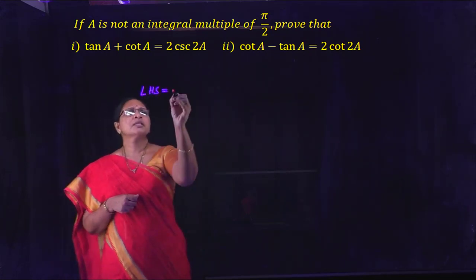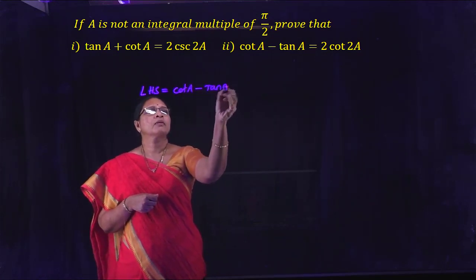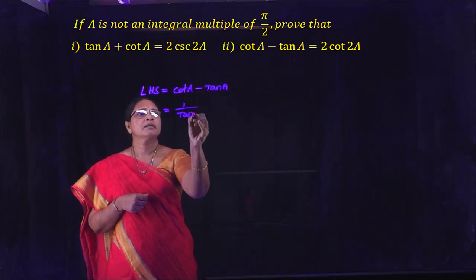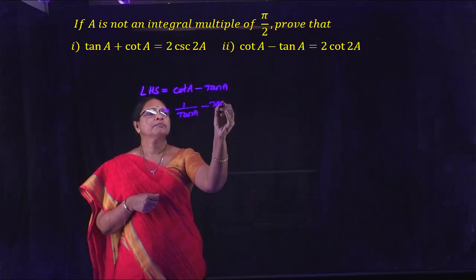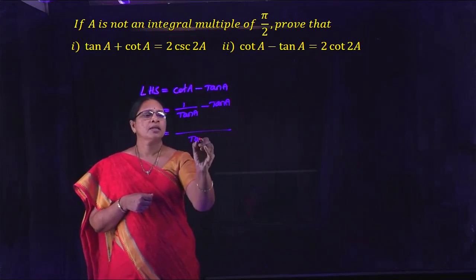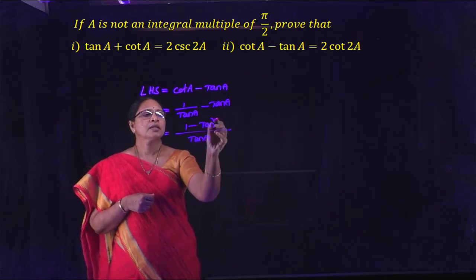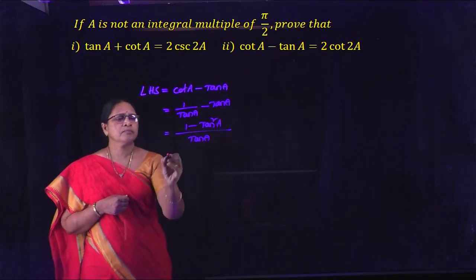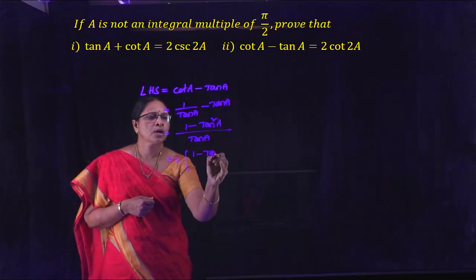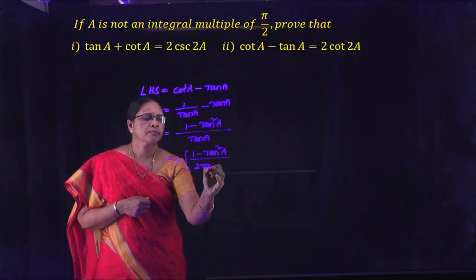Here LHS is cot A minus tan A. We can write cot A as 1 by tan A minus tan A. Take LCM, we get tan A as LCM, 1 minus tan square A. Multiply and divide by 2, we get 2 into 1 minus tan square A by 2 tan A.